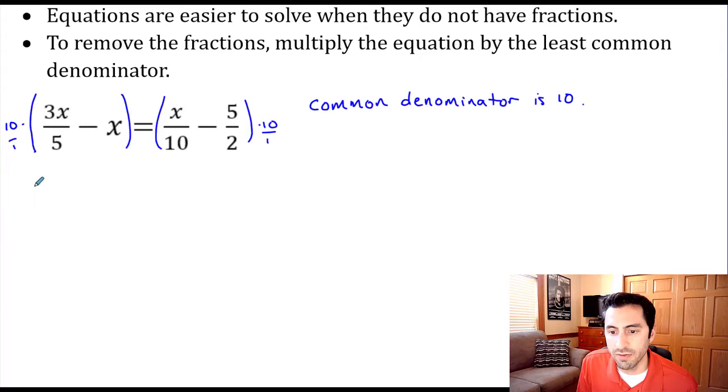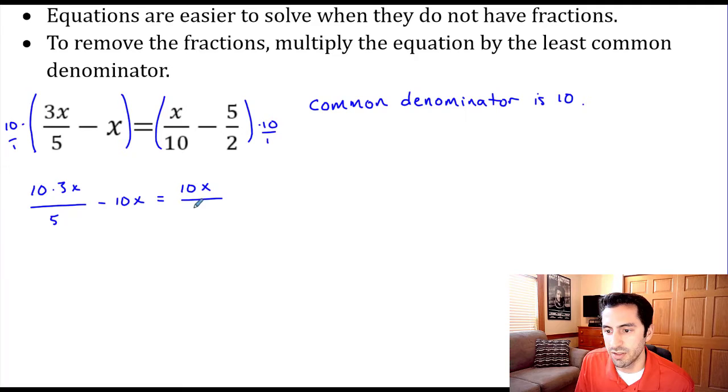So over here on the left, I'll have 10 times 3x, and this is over 5, so just the numerator. And then I'm going to have minus 10 times x, distributing that to both parts. On the right-hand side, I'll have 10 times x, and this is still over 10, so that's that first fraction. And then our second fraction will have 5 times 10, and this is all over 2.